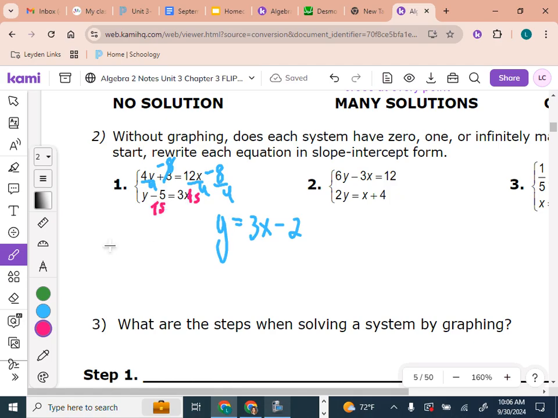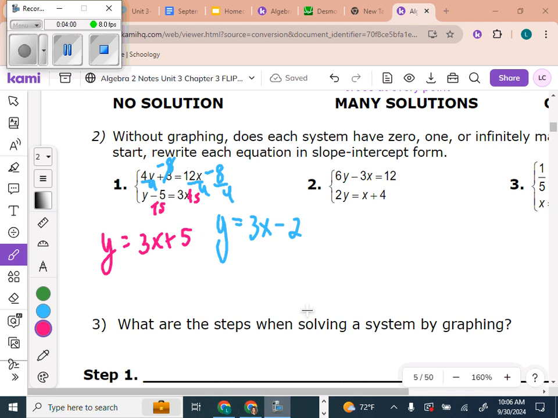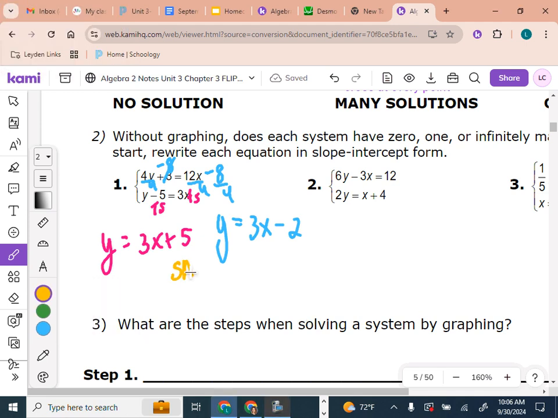Beautiful. So we have y equals 3x plus 5. What do you guys notice about these equations? They have the same slope. Okay, what does that mean? They're parallel. Same slope equals parallel equals what? What does that mean? No solution. Right? No solution.